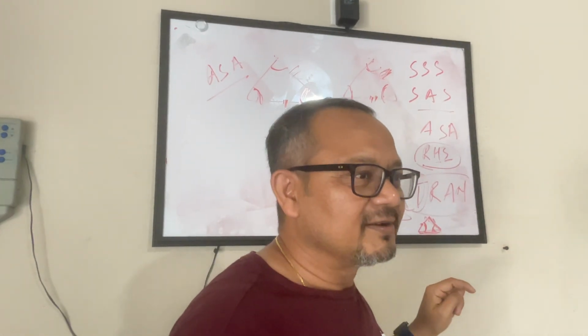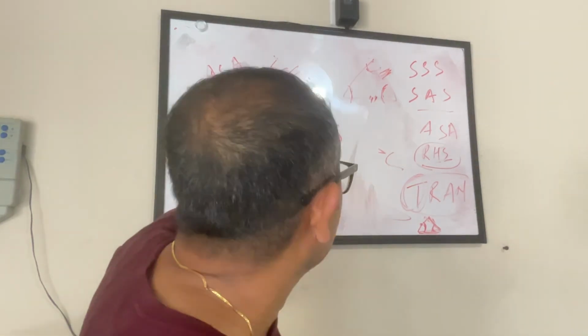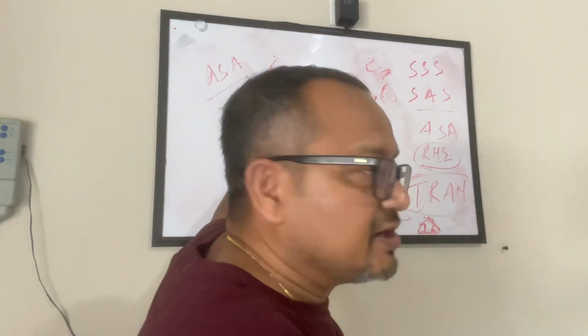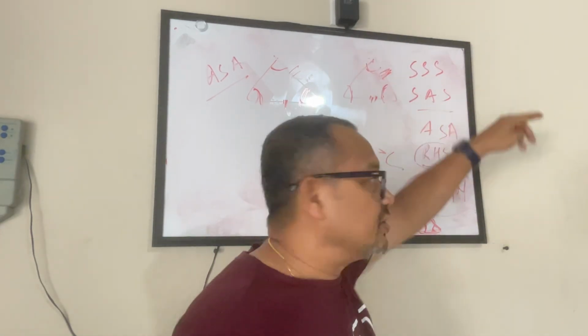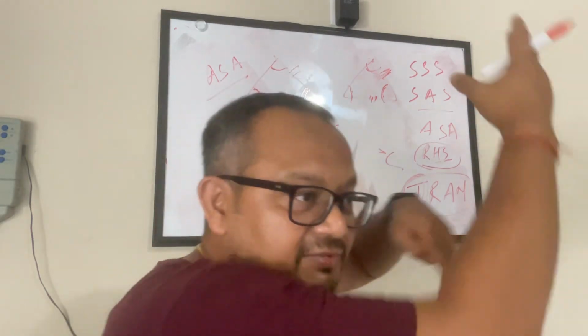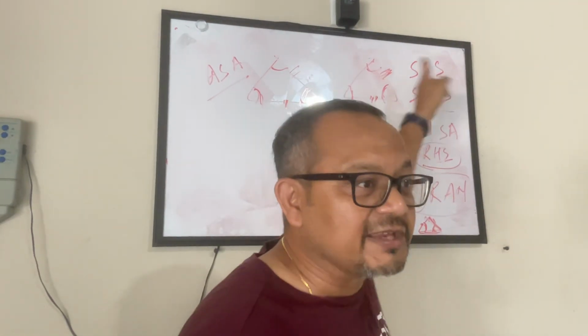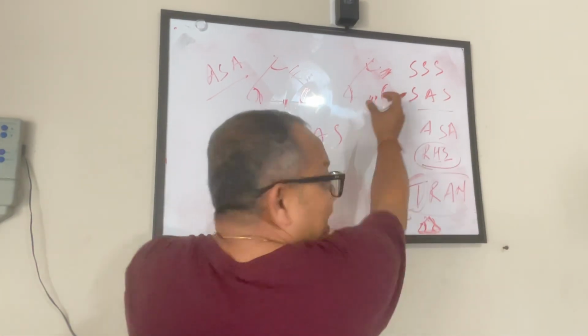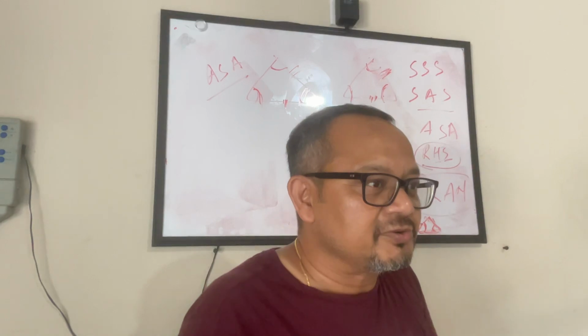I am saying the theorem says any two angles and the side between them. I am saying doesn't matter. Any two angles and any side, if they match, we are good. Because if two angles are matching, the third angle has to match. So you have three matching angles, and regardless of which side is matching, that will be falling between two matching angles any which way. So this theorem holds true.